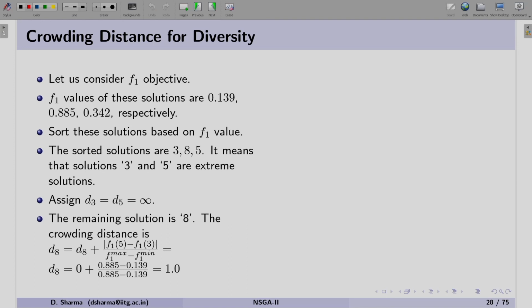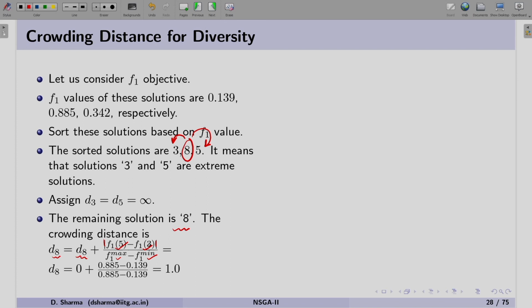Since the crowding distances for 3 and 5 are already calculated, we are left with solution 8. How can we calculate its crowding distance? For solution number 8, one neighbor is 3 and the other neighbor is 5. So, D8 is equal to D8 plus F1 of solution 5 minus F1 of solution 3, taking a positive value, divided by F1 max minus F1 min.